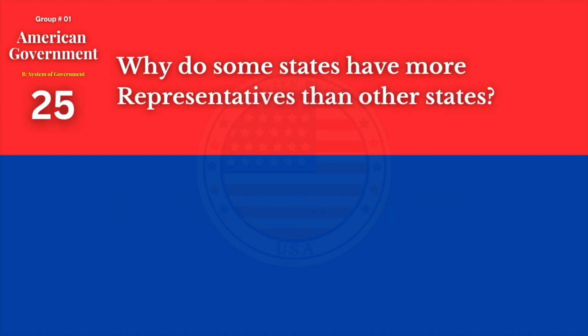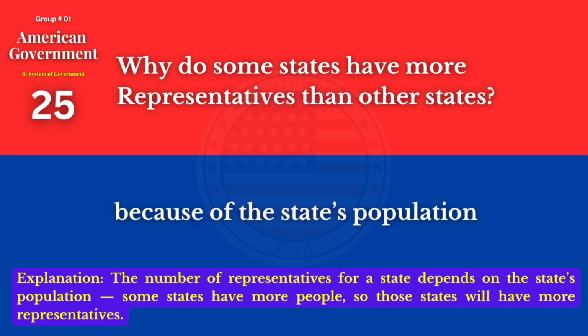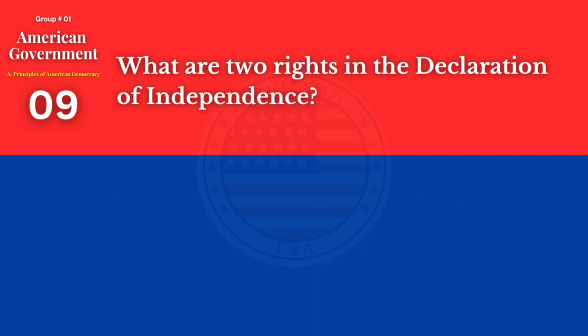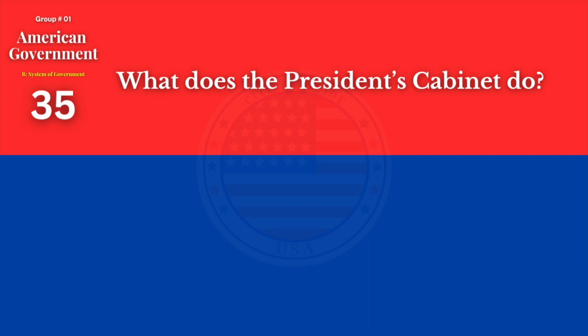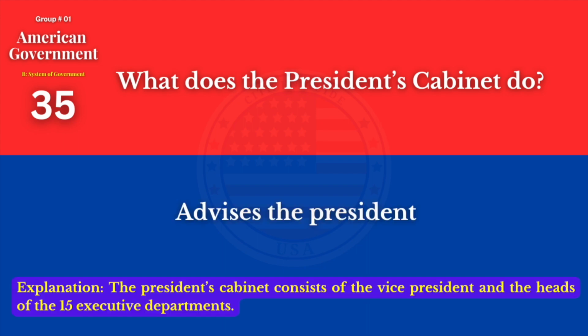Why do some states have more representatives than other states? Because of the state's population. What are 2 rights in the Declaration of Independence? Life, liberty. What does the President's cabinet do? Advises the President.